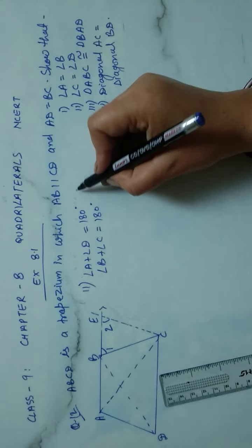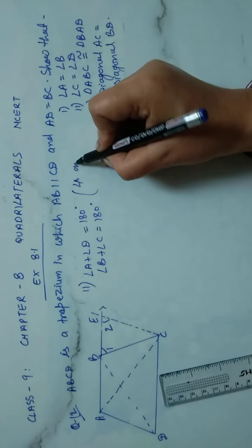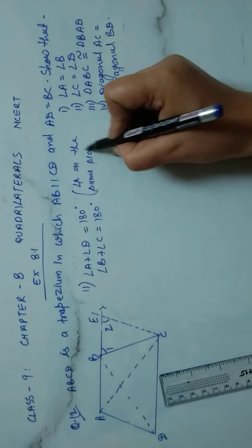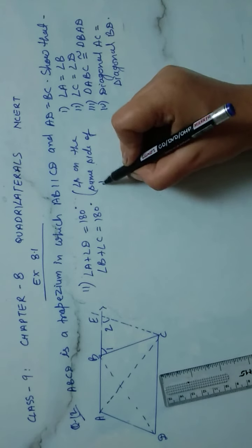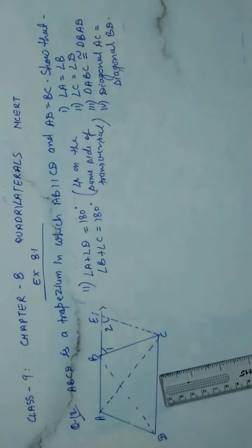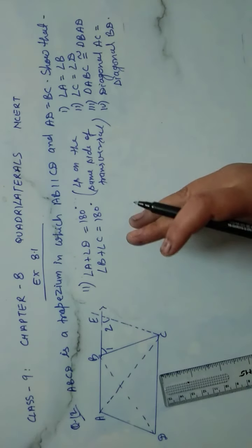The reason behind both is interior angles on the same side of the transversal are supplementary. Their sum is 180.